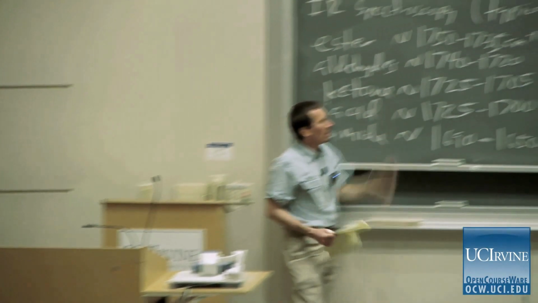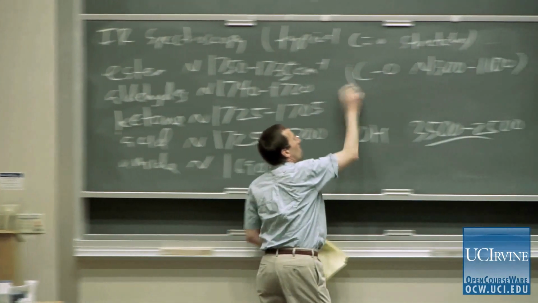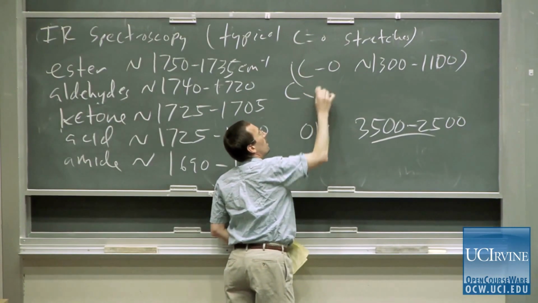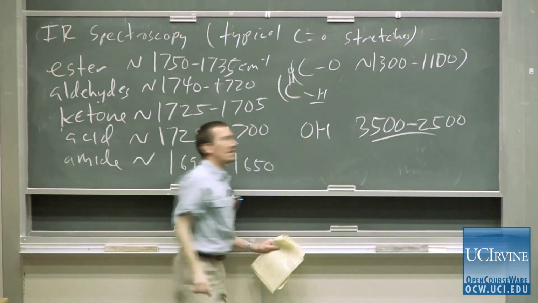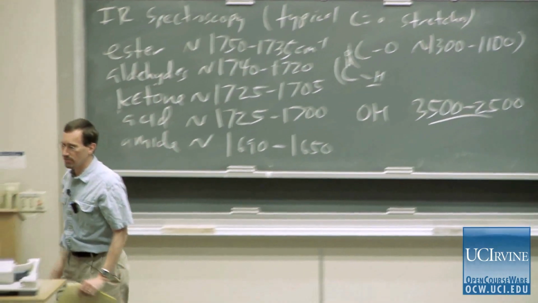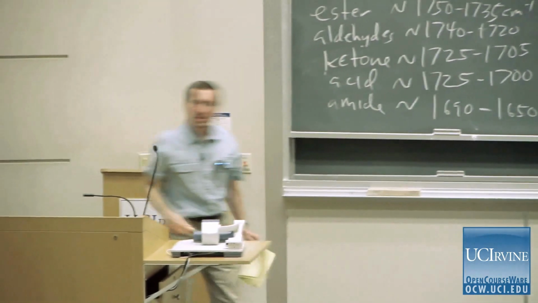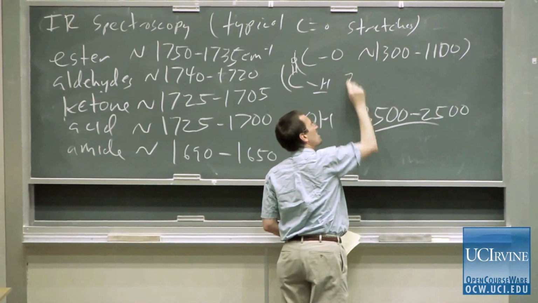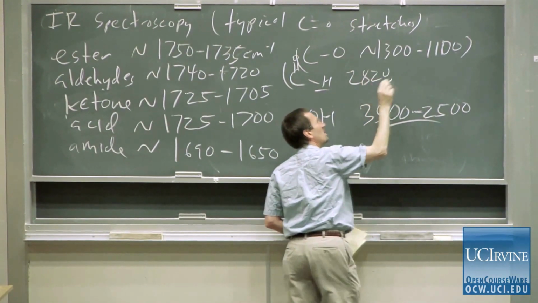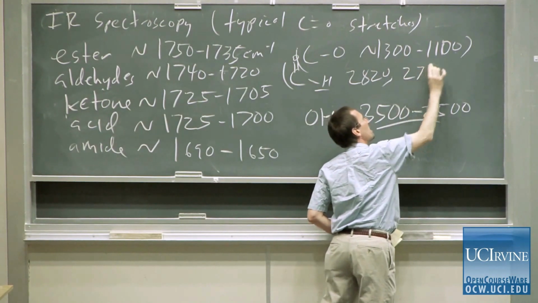Aldehydes also have little hints. For example, the aldehyde hydrogen gives you a couple of bands from the CH stretch. The CH stretch typically shows right at the lower edge of the CH stretching region, at about 2820 and 2720.